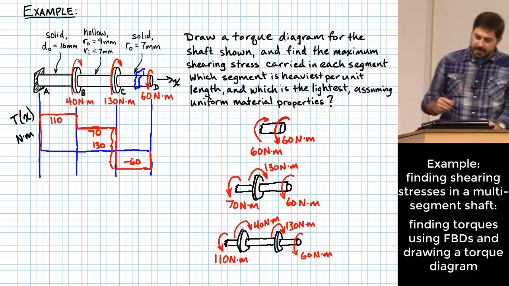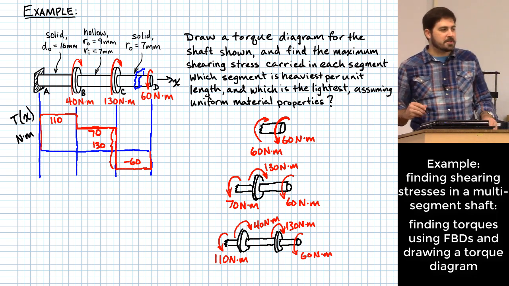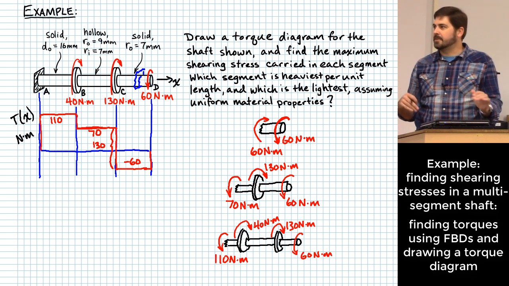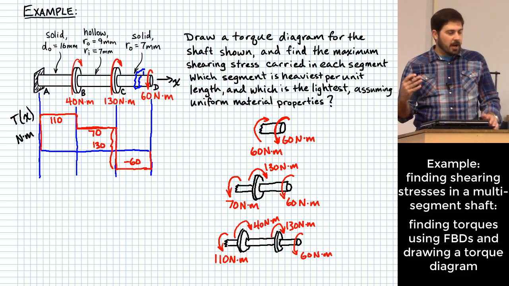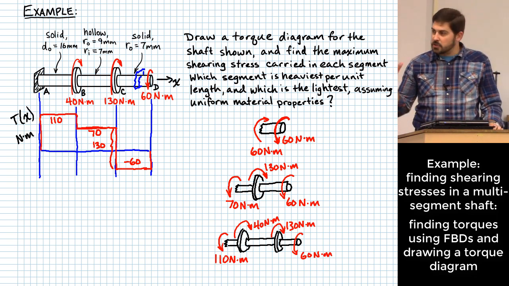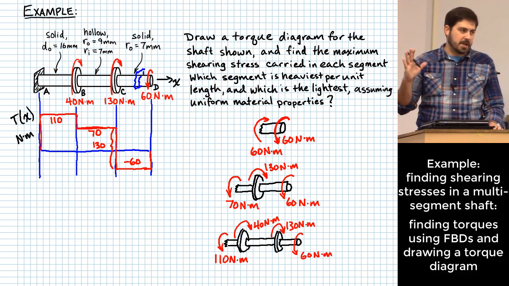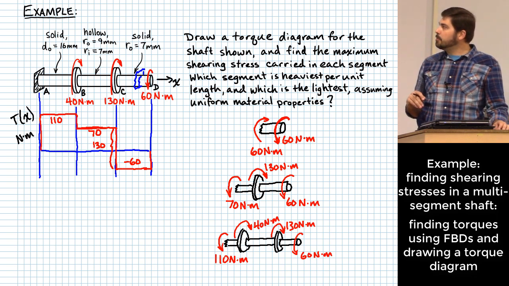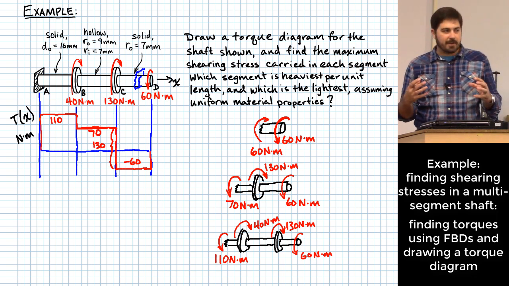Now here's the thing. That was probably a little painful for some of you to watch because I took so much effort drawing each of the free body diagrams. And you're going, I get it, right? A better way maybe of saying this is that torque accumulates down the length of a shaft, right? Every time another torque is added, it accumulates in the overall torque that the shaft is carrying.